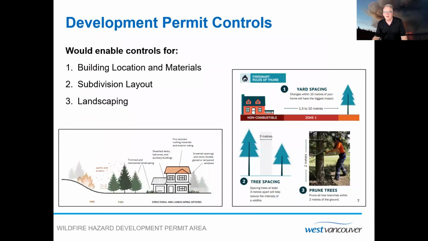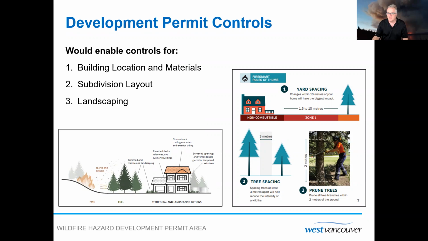So I'm sure all of you have been exposed to FireSmart, and really the development permit is focused on controlling the fundamentals in FireSmart, which are the location and materials where homes are built, a subdivision layout, which is really focused on egress and evacuation, and proper allowance for the fire department to initiate suppression of any structural fire, and landscaping.